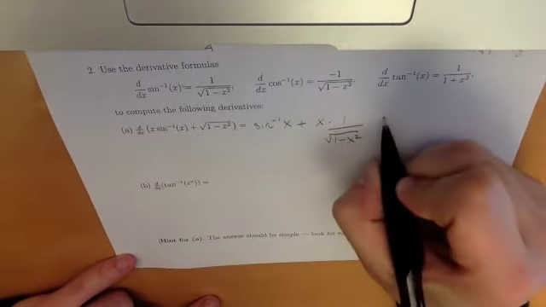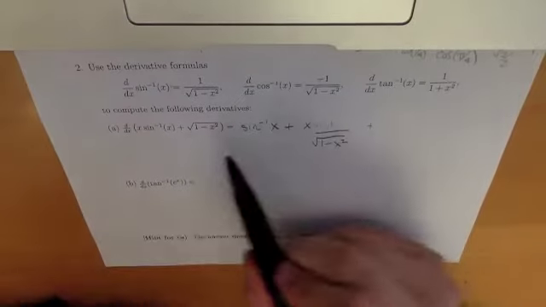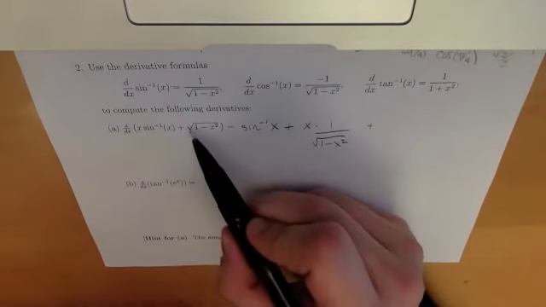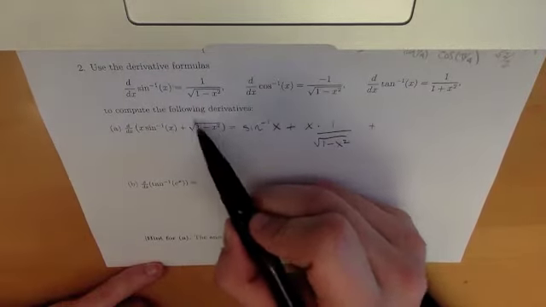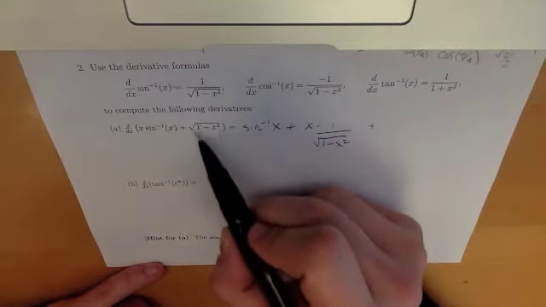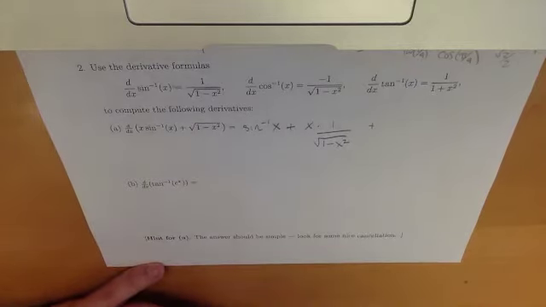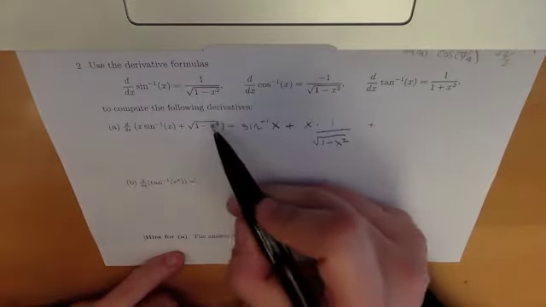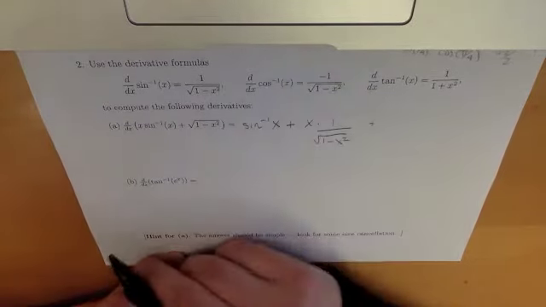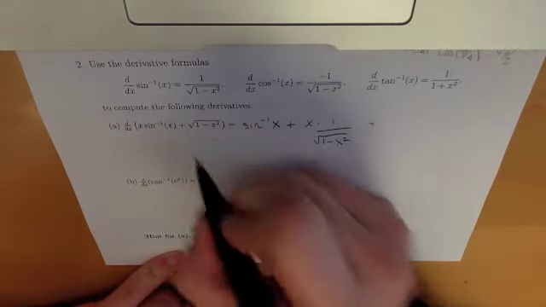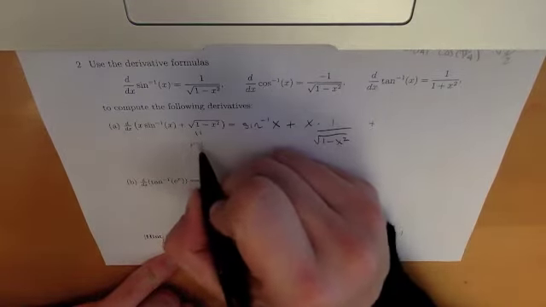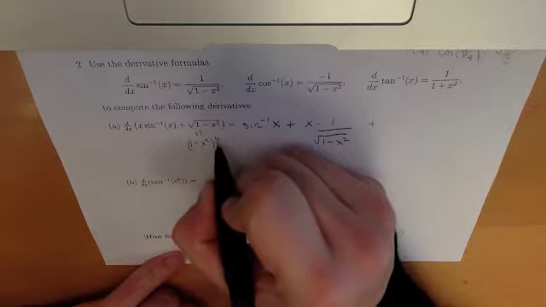Okay, now this second piece, notice this is going to be a chain rule. We've got the composition of two functions. The first function is this square root, and the second function is 1 minus x squared. So to use the chain rule, I have to take the derivative of the outer function, which is just this power to the 1/2. So I could rewrite this as 1 minus x squared to the 1/2.